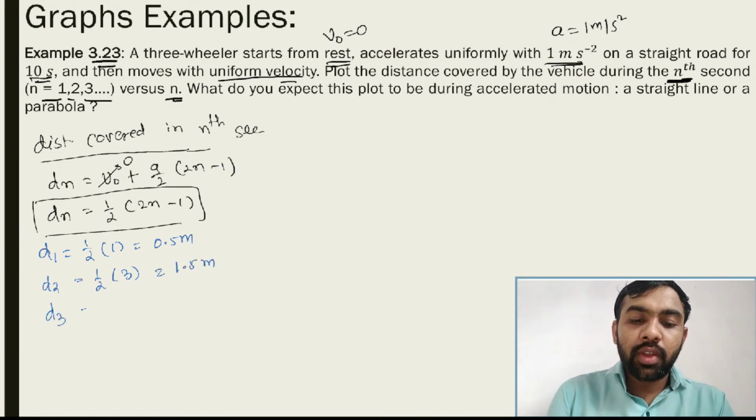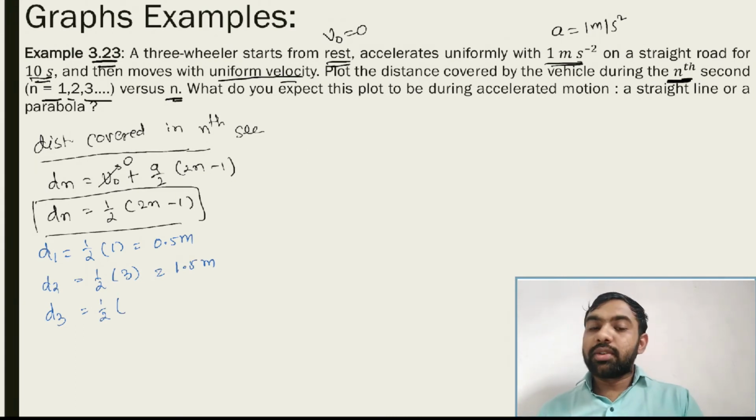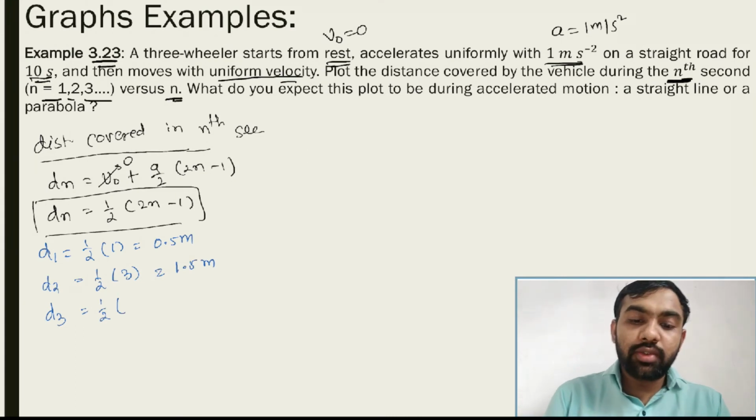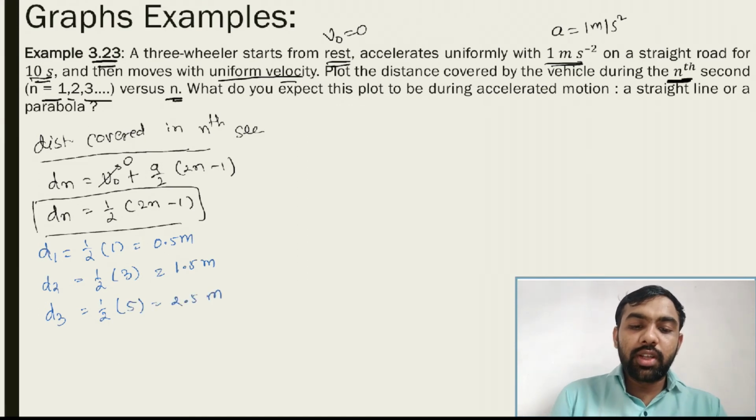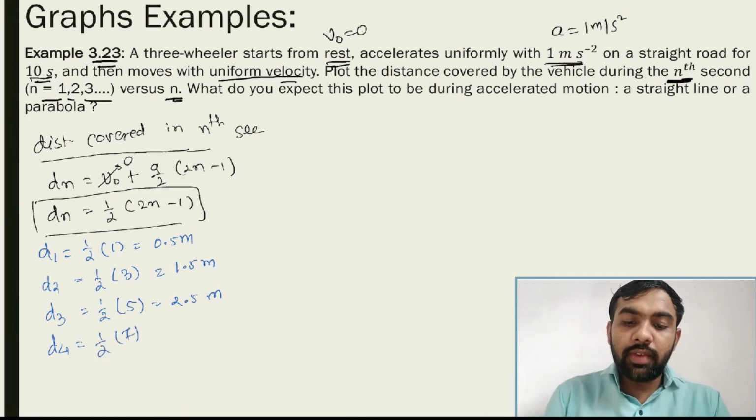What is d3? 1 by 2, put n is equal to 3, 3 into 2 is 6, 6 minus 1 is 5, so the answer is 2.5 meter. What is d4? 4 into 2 is 8, 8 minus 1 is 7, so that is 3.5 meter, and so on up to d10.